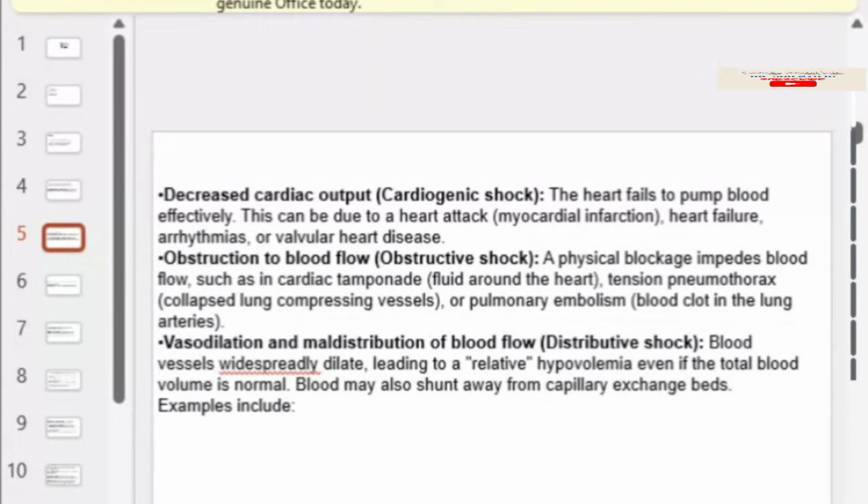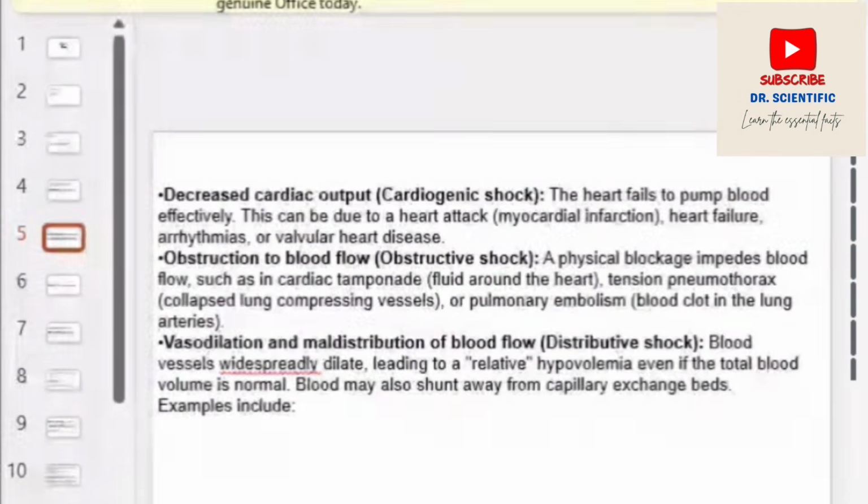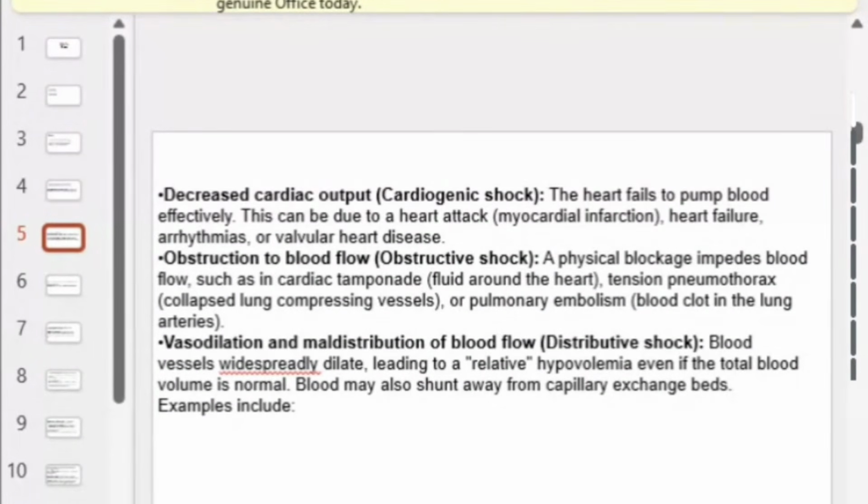When the oxygen delivery is inadequate, the lactic acid will accumulate and will lead to a condition called acidosis. Acidosis is a drop in the pH of blood. Also, it might shift to anaerobic metabolism, which leads to that condition of acidosis.